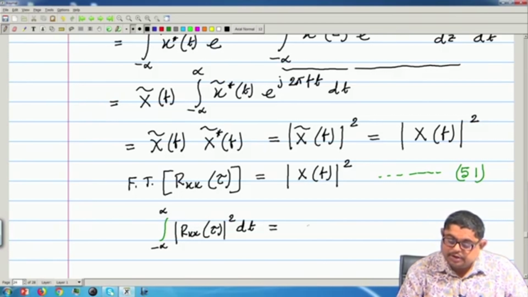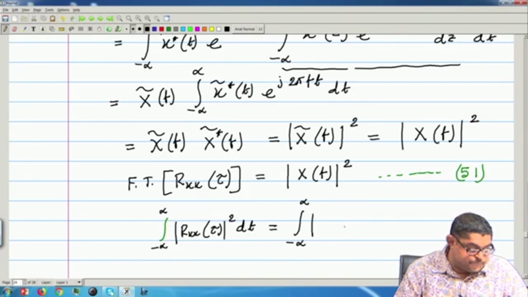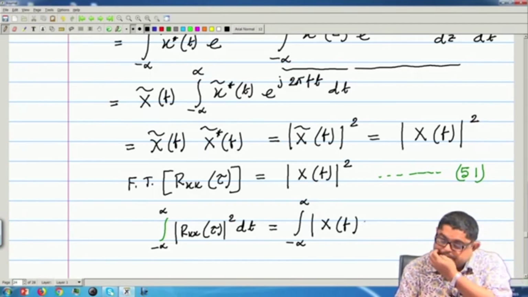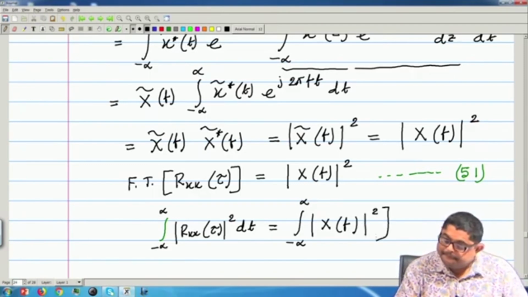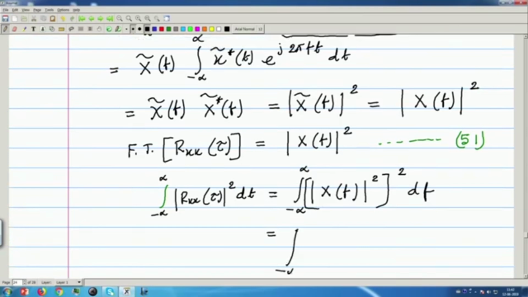This now can be written as the integral from minus infinity to infinity of, okay, and this is nothing but the integral from minus infinity to infinity of x f whole to the power 4 d f.